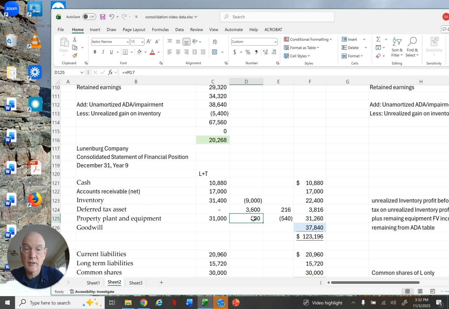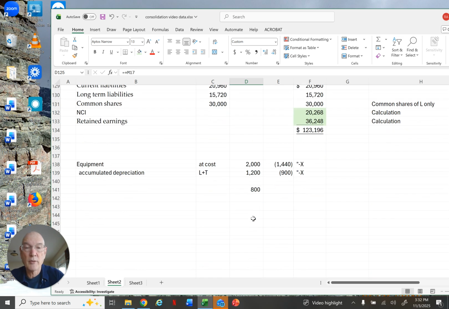So that works out. Now, the other part of this is your intercompany equipment sale. So if we're talking equipment at cost, the first thing we're going to do is take away the whole $1,440 of gain. And remember, we're realizing that gain over time.